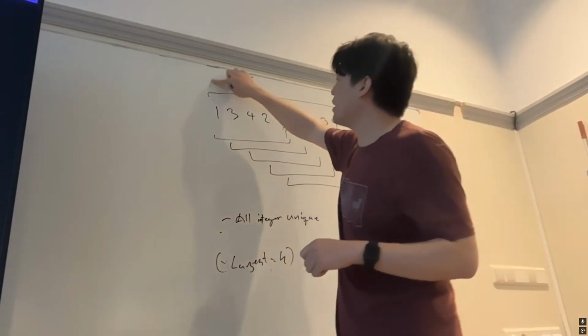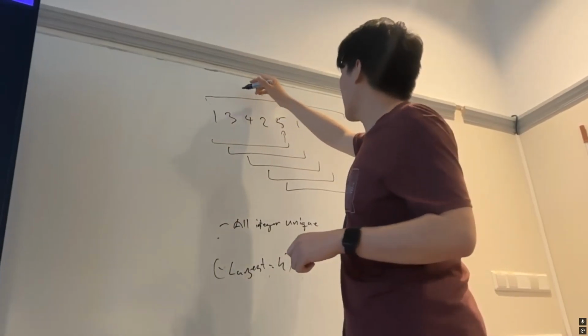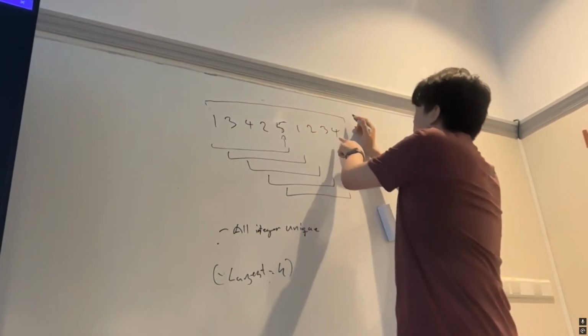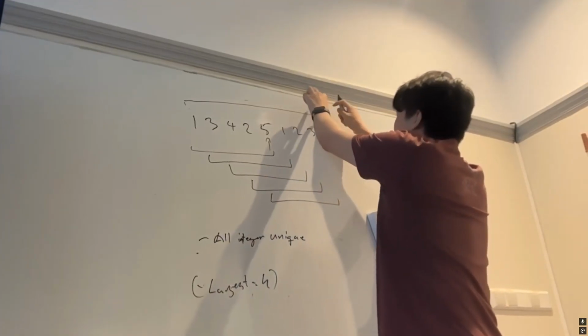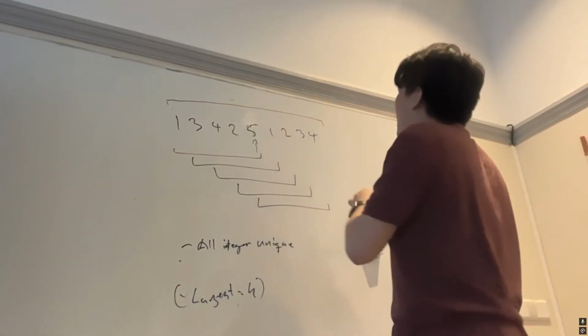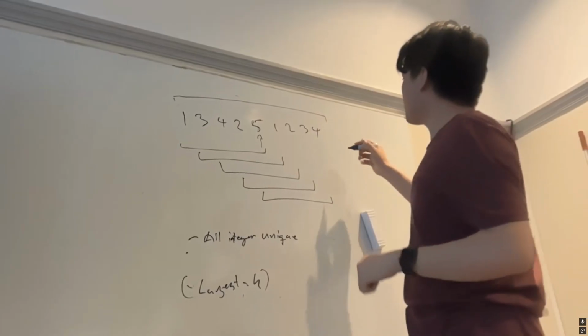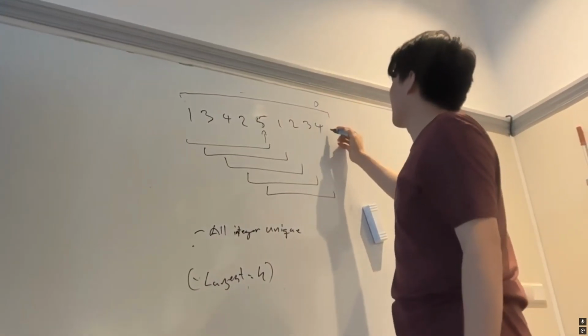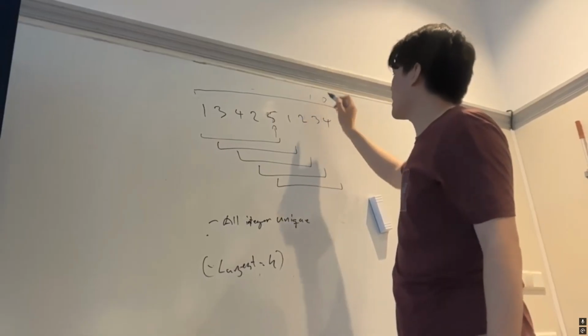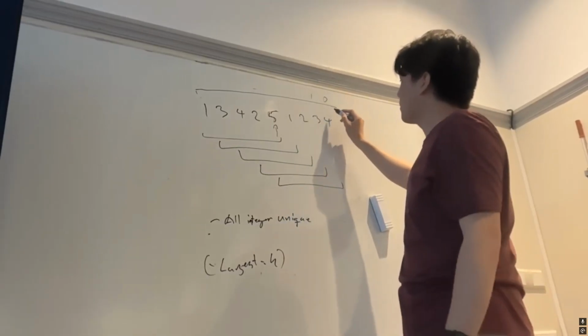So for example, let's start from here. For this element, how many steps can we go to the right such that all the elements in the interval starting from here are unique? In this case, we can go 0 steps because there are no elements to the right. Here we can go 1 step because we can include this one.